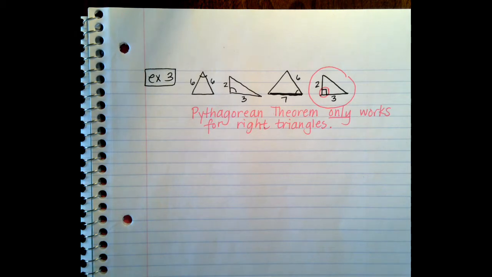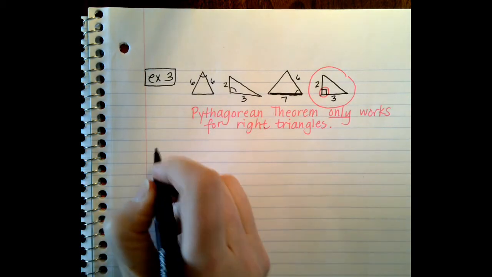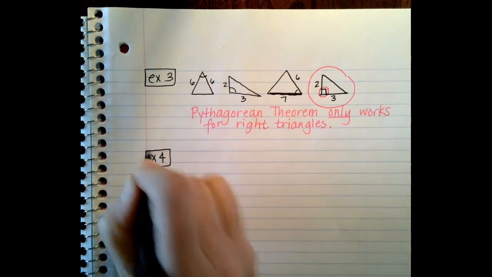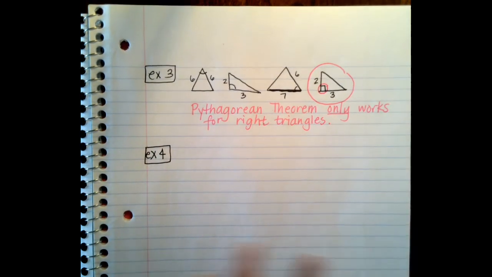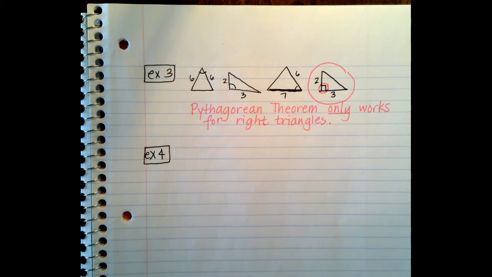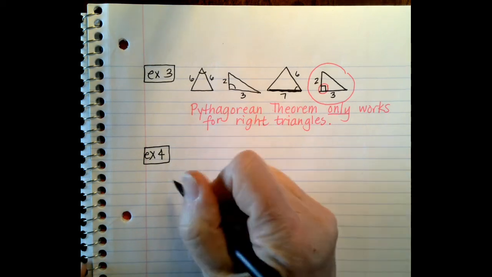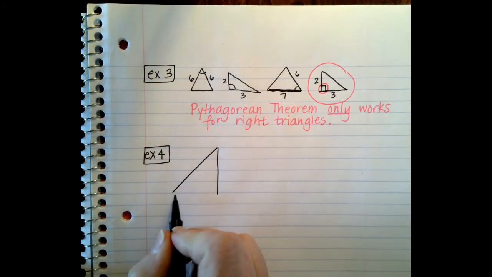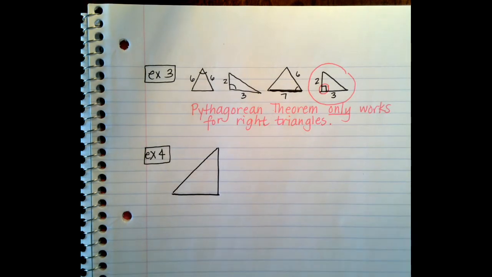Okay, let's take a look at example number 4. Example number 4 is going to give you a real life situation and an actual triangle that they've drawn. So let's draw this triangle. They're going to say that they want to know the length of the third side of this window frame.